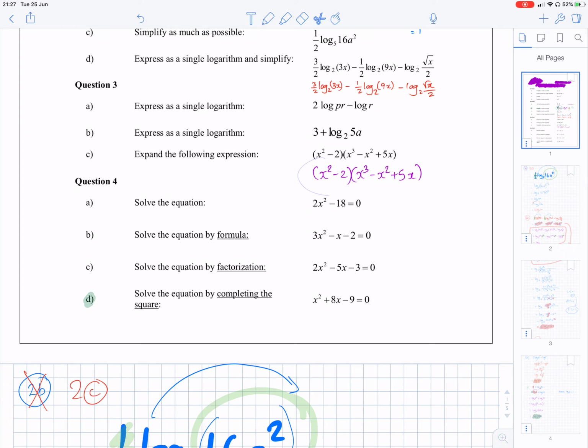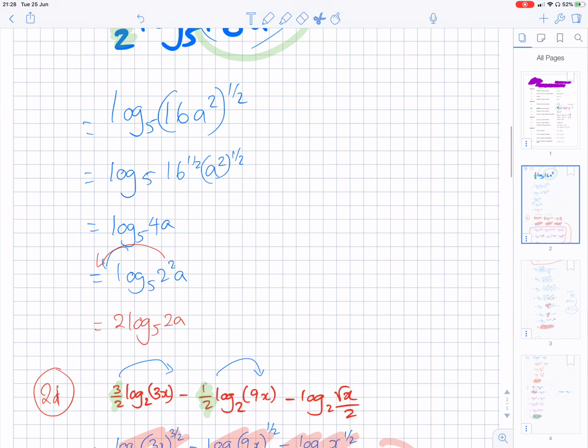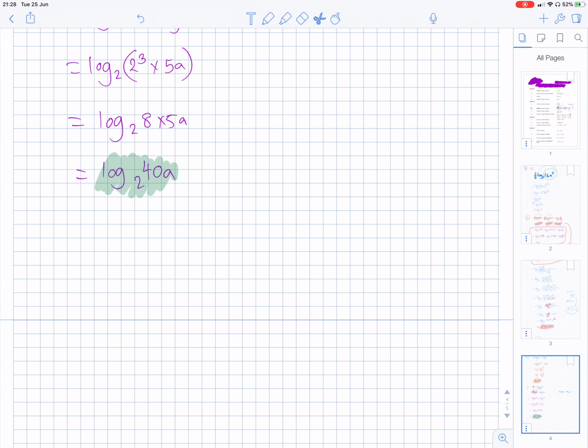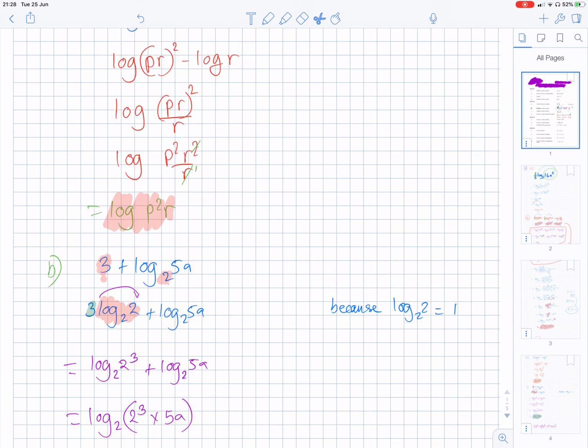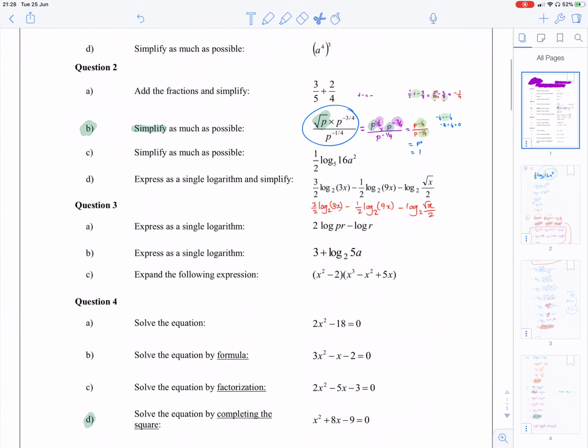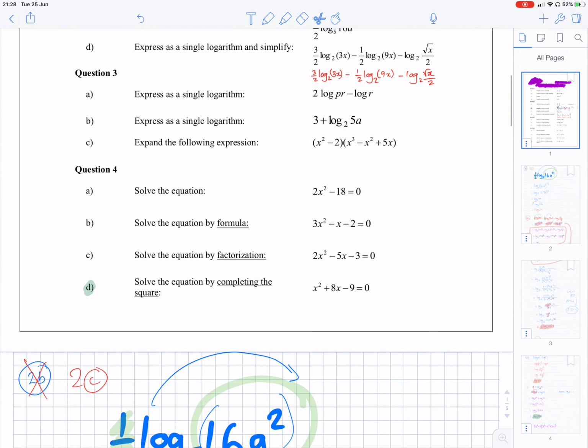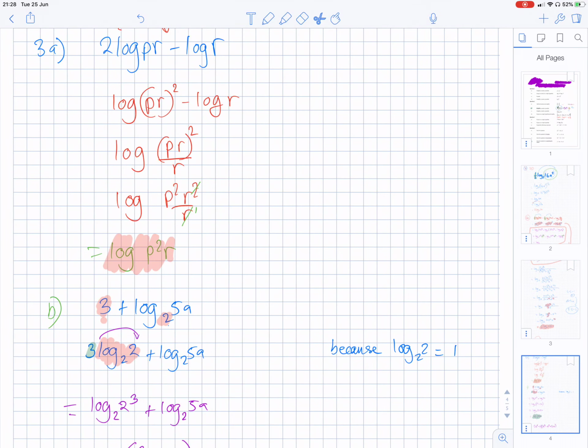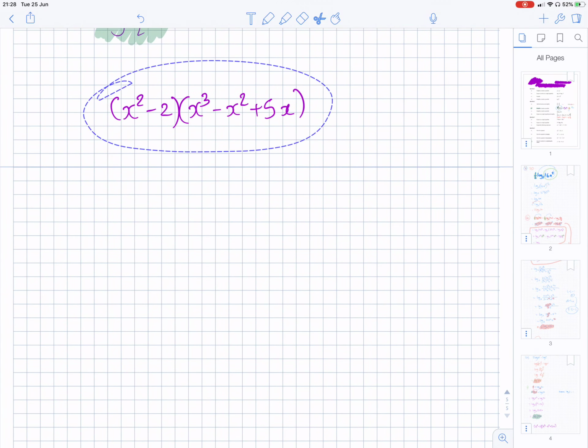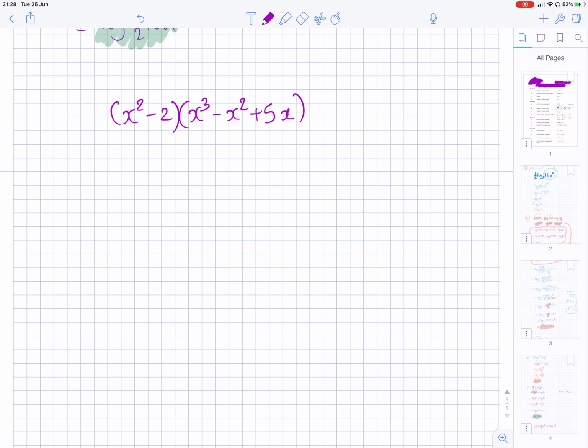I'm going to copy this, cut it and then paste it here and make it bigger. And that is number 3C.